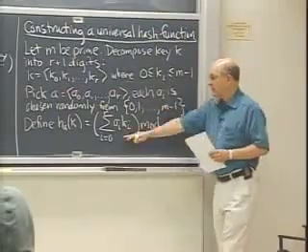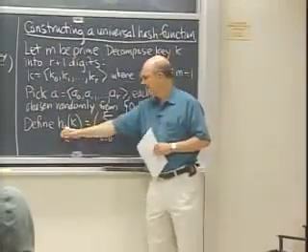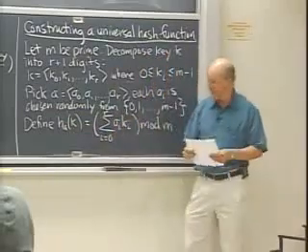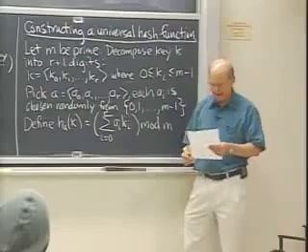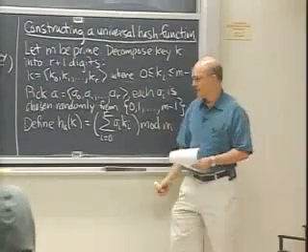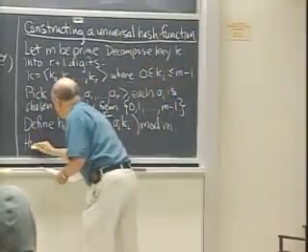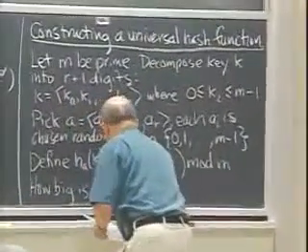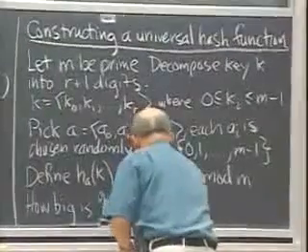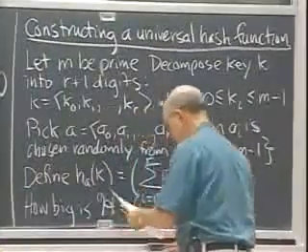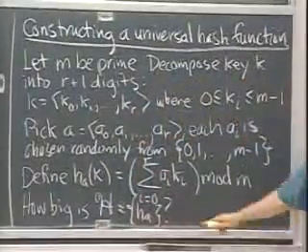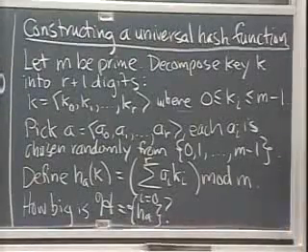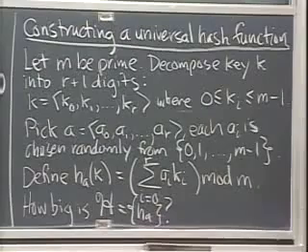And this is what we're going to show is universal, this set of h sub a's, where a ranges over that whole set. One of the things we need to know is how big is this set of hash functions? How many different hash functions do I have in this set?